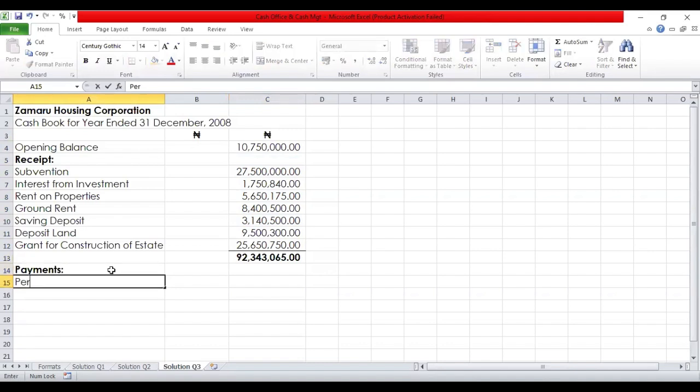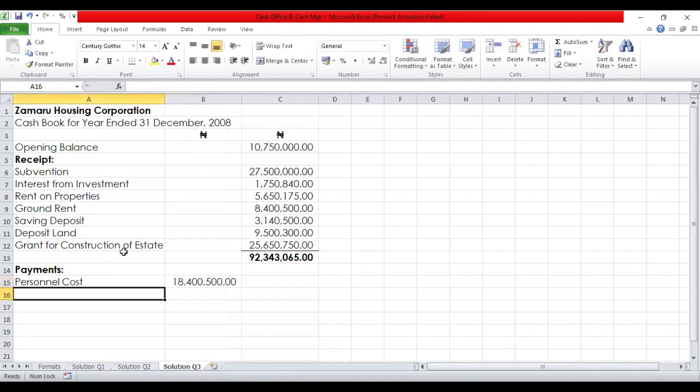Personnel cost. How much is that? 18,400,500. The next one is travel and transport.